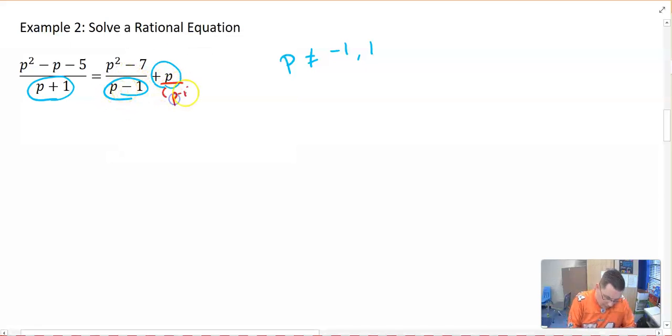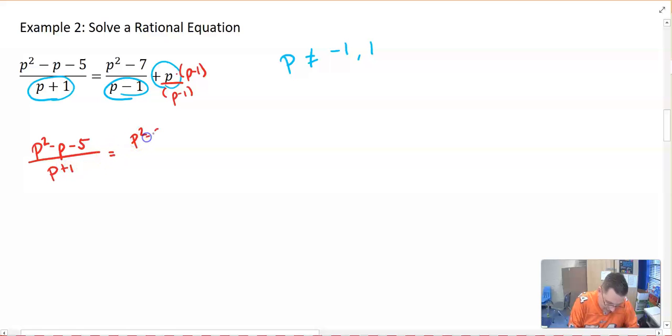But if I'm going to put p minus 1 as the denominator, I also have to multiply that to the numerator. And so what we're going to get is p squared minus p minus 5. Do not worry about factoring anything at this step. If we've got a potential to factor, we will do it later. Plus, so this is going to be p squared minus p over the p minus 1.